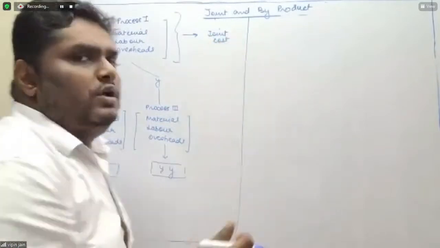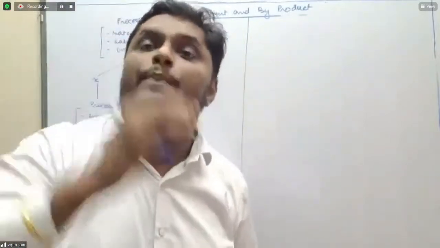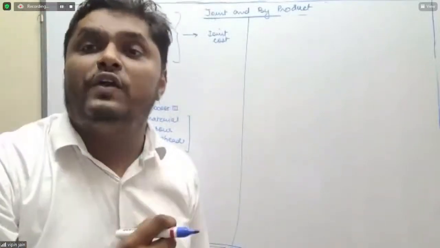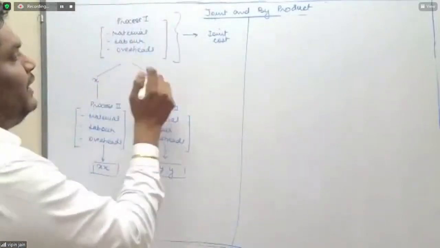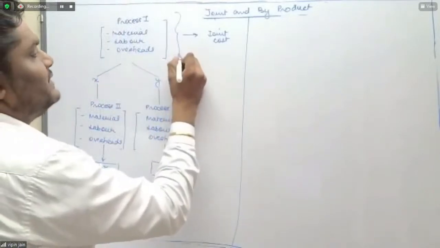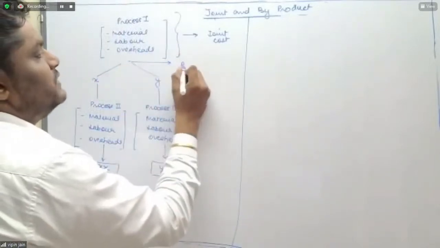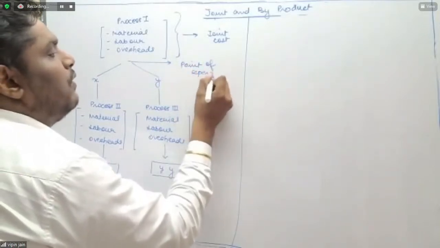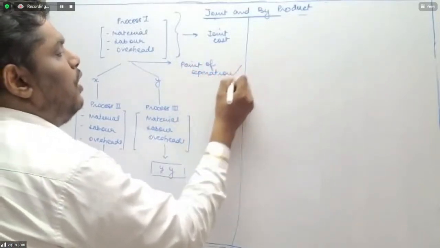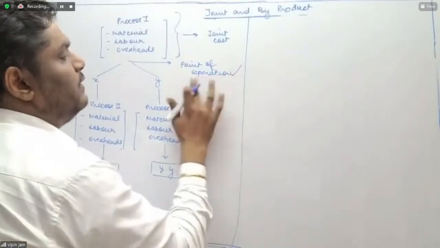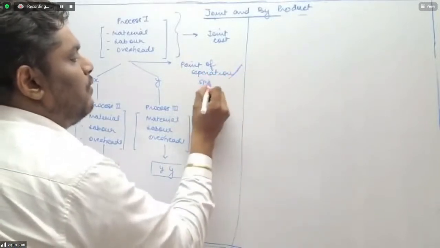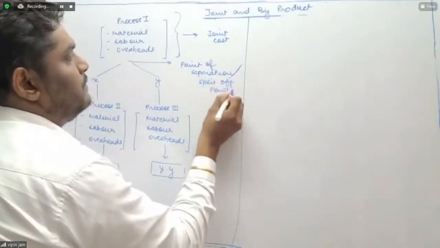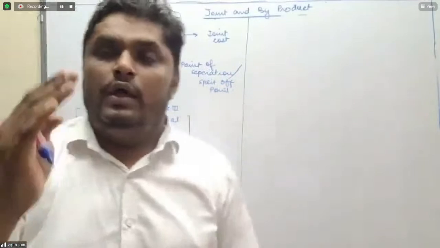So what is joint cost? The cost incurred before the point of separation. Now herein a new point comes into picture, point of separation. So this is the point of separation, or we call it the split off point. So now two points.